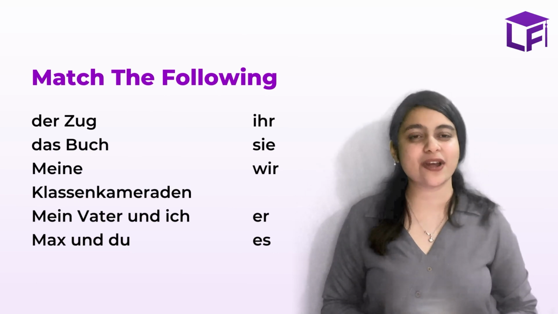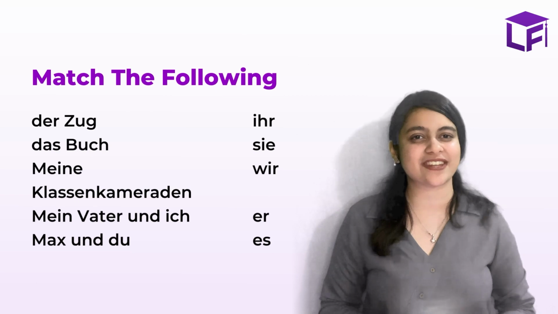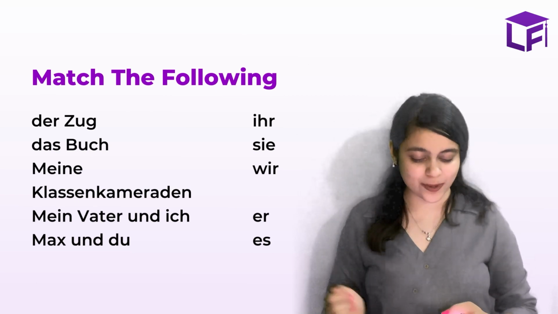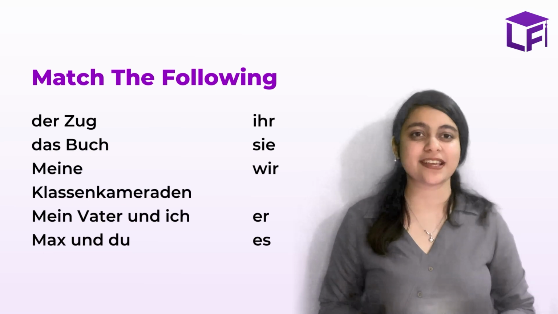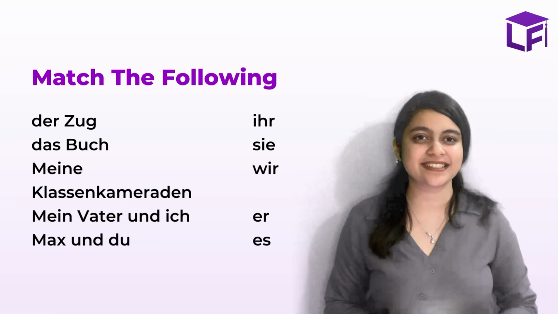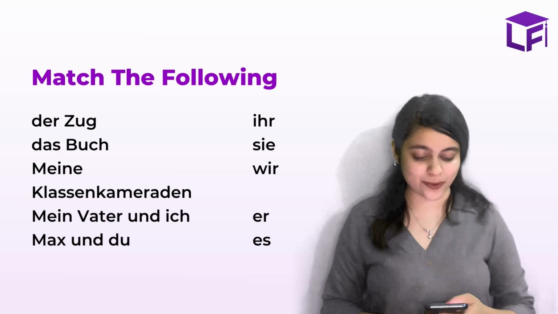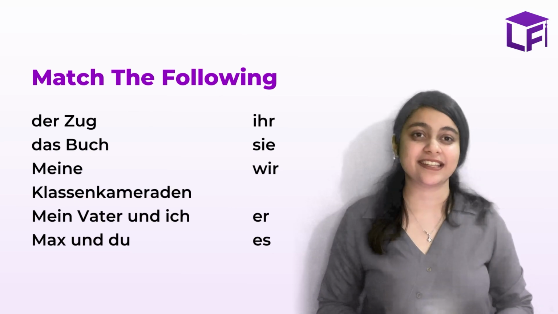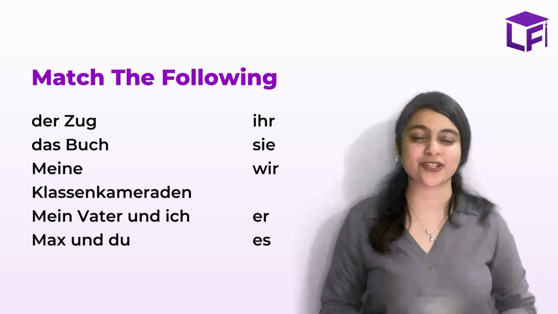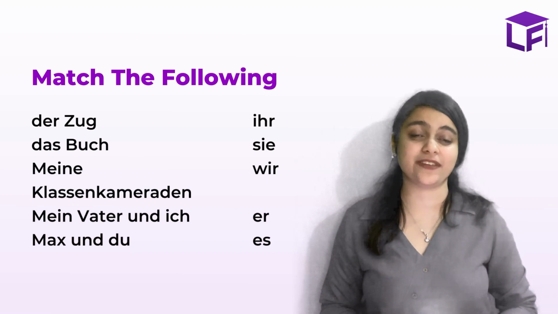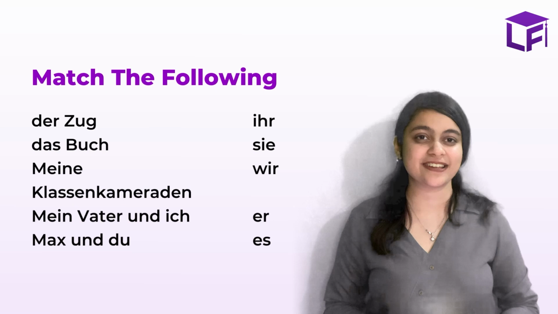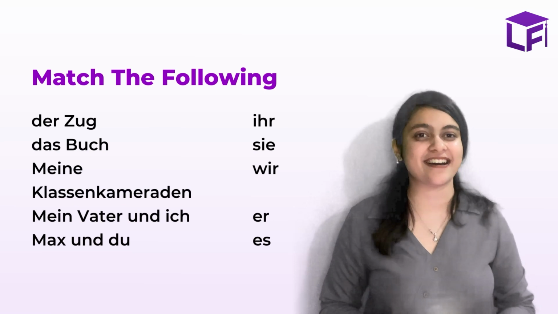Let us now also read the list of pronouns given in the question. The first one is ihr, which means you, plural. The next one is sie, with a small s, which means they. The next pronoun for you is wir, which means us.